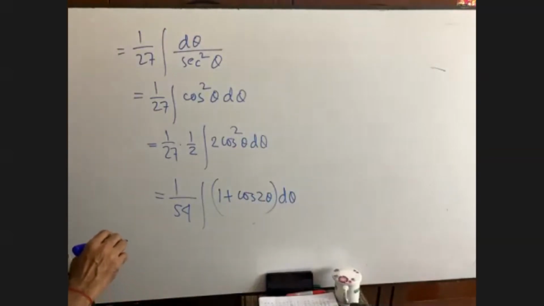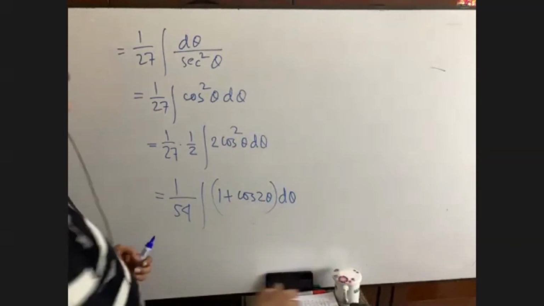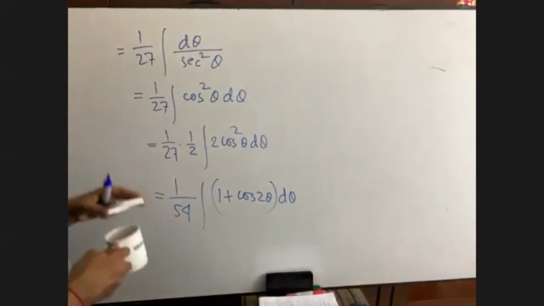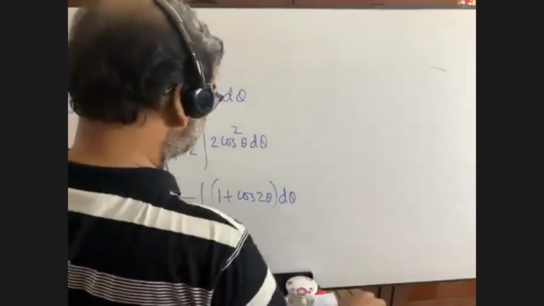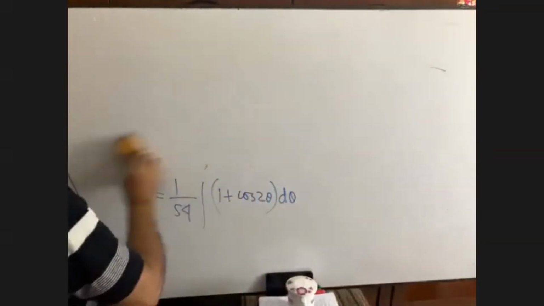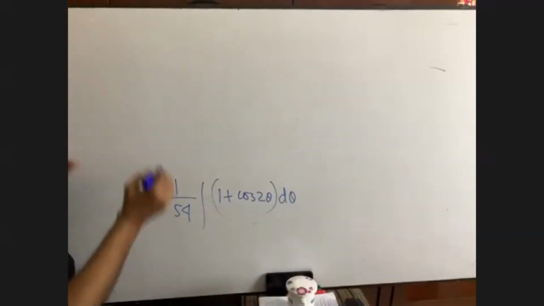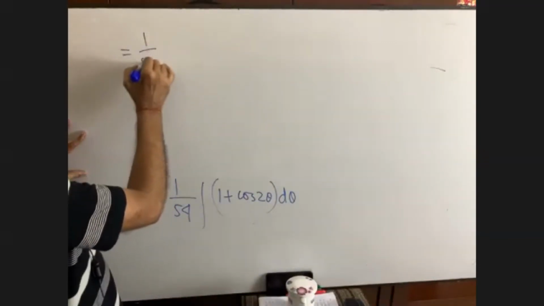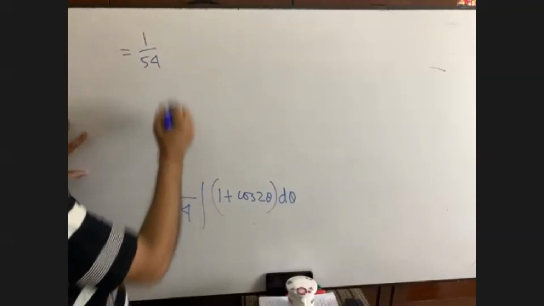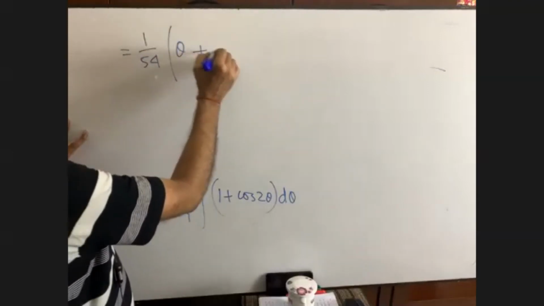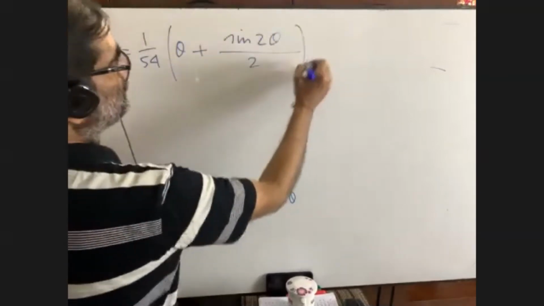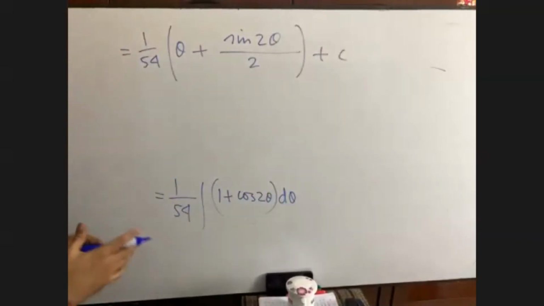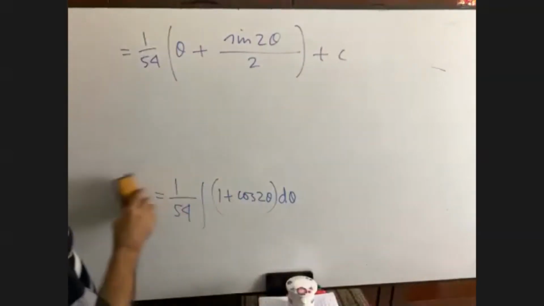Please try to understand. Now you just integrate. This is 1 by 54. 1 means theta. So theta, and what is cos 2 theta? Sin 2 theta by 2 plus c. Right?